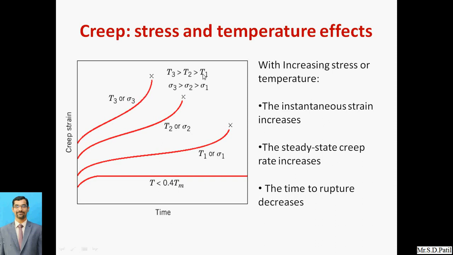When T2 is greater than T1 and T3 is greater than T2, see how the slope has been formed. If the temperature is very high, the slope is rapid, and if the temperature is below the threshold temperature of creep, that is 0.4 times the melting temperature, then there is no rupture.